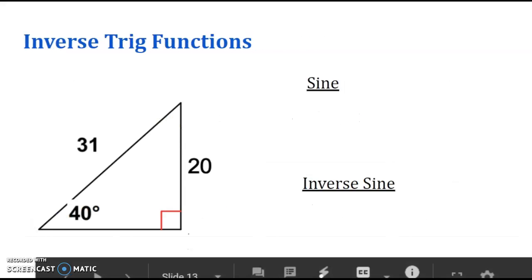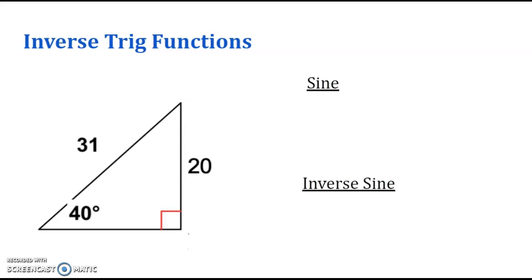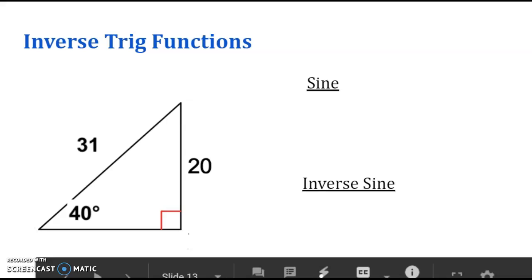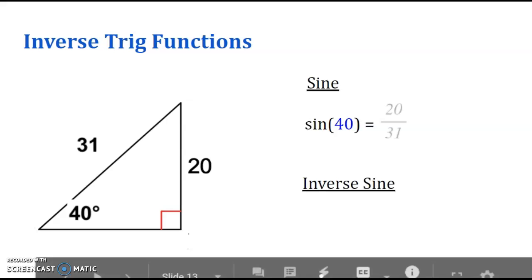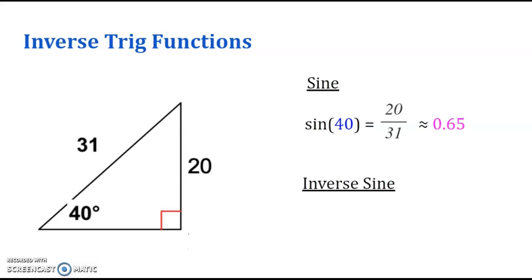All right, so what do we have here? Inverse trig function. In this case, sine of 40 degrees is the opposite side over 31, the hypotenuse. This is what you would write. You know that 20 over 31 is approximately 0.65.